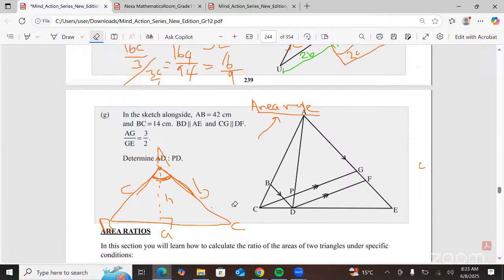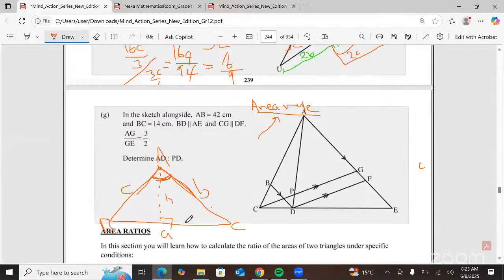They will give you either three sides or two sides, but there will also be an angle in the triangle. So you will have to note those sides that meet at the given angle. Those are the sides that you are going to use.